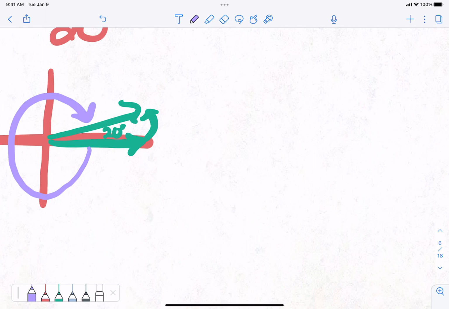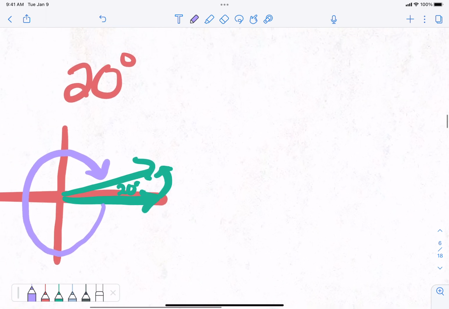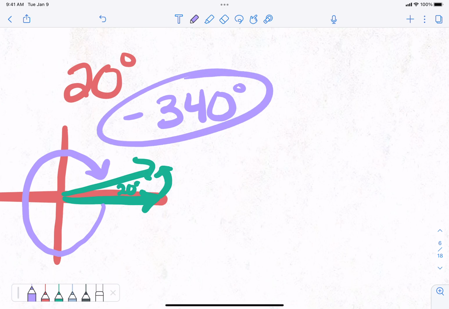I would have to go 340 degrees this direction to get to that point. Now, since I'm going this direction, it will be negative 340, okay? So negative 340 degrees, we are saying, lands me in exactly the same spot as 20 degrees does.